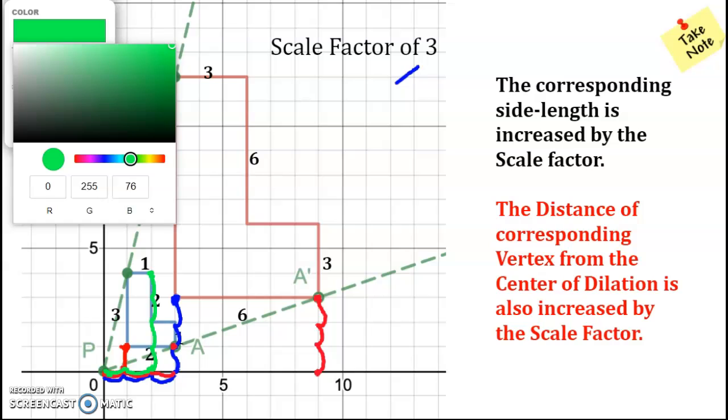So I'm going to go 1, 2, 3, 4, 5, 6 to the right. And instead of going 4 up, I am going to multiply 4 by 3 to get 12. So 1, 2, 3, 4, 5, 6, 7, 8, 9, 10, 11, 12, which lands me right there. So that's how you find the corresponding vertex on the coordinate plane.